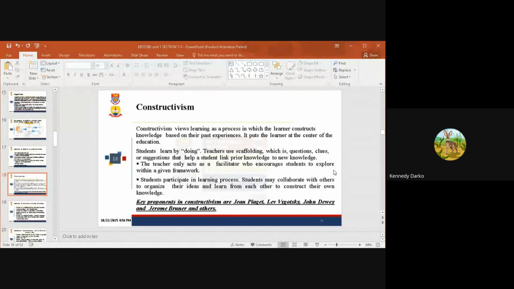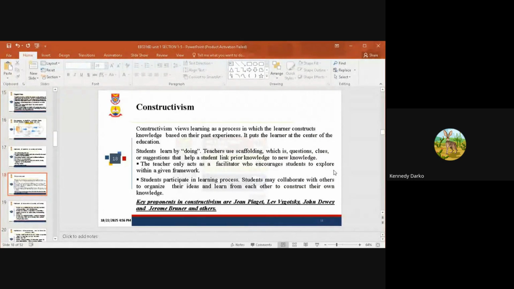Now, let's move on to constructivism. The word is coming from construct. What are we constructing? Constructivism views learning as a process in which the learner constructs knowledge based on their past experiences.